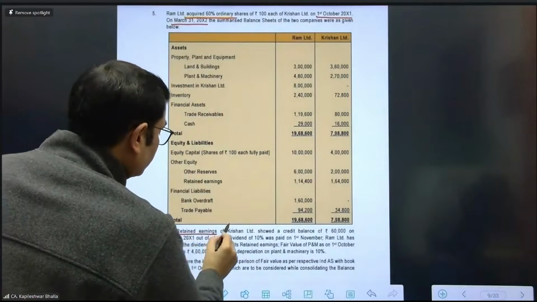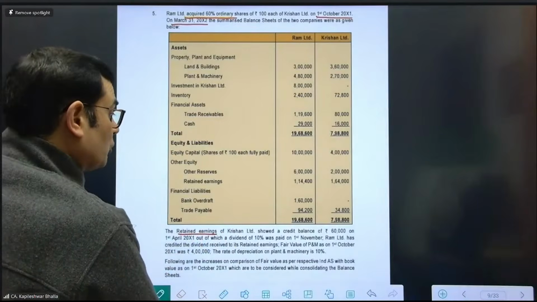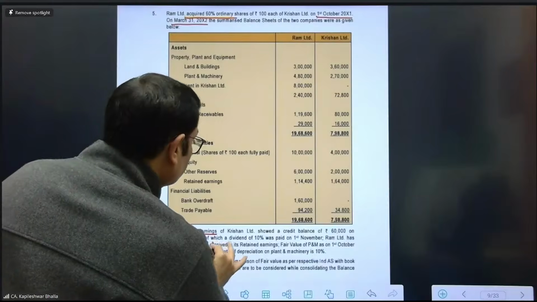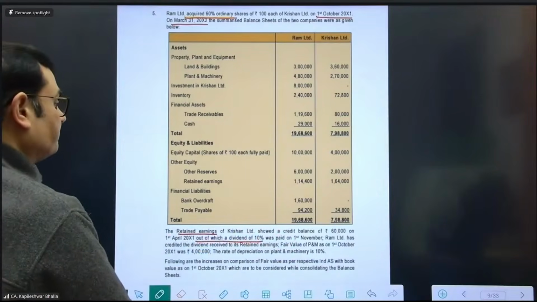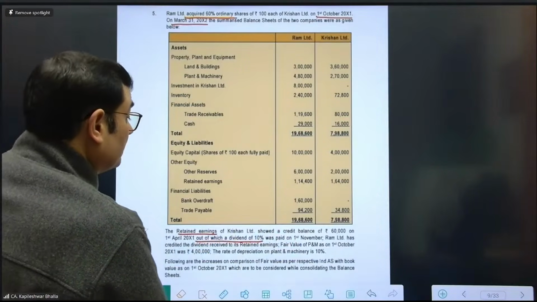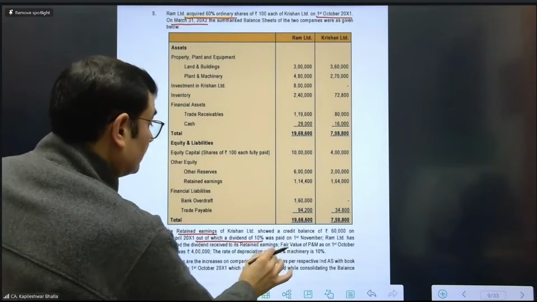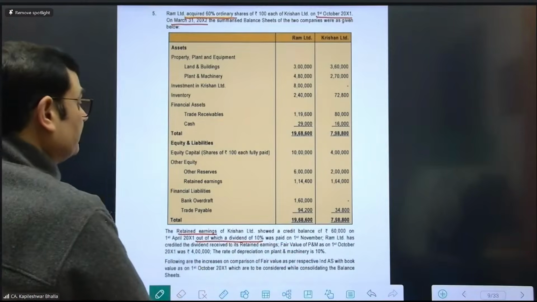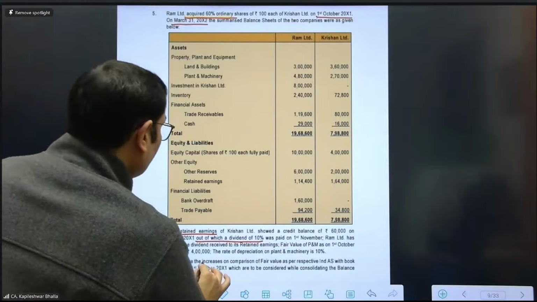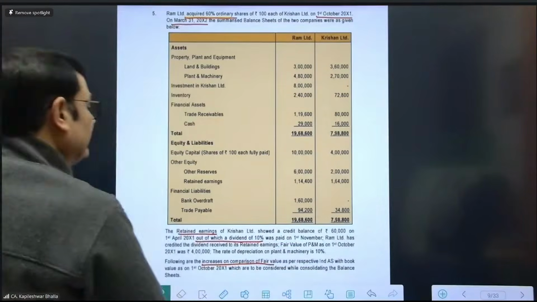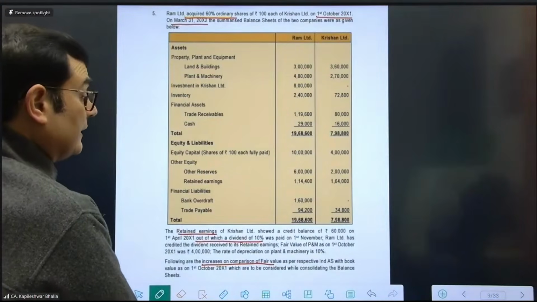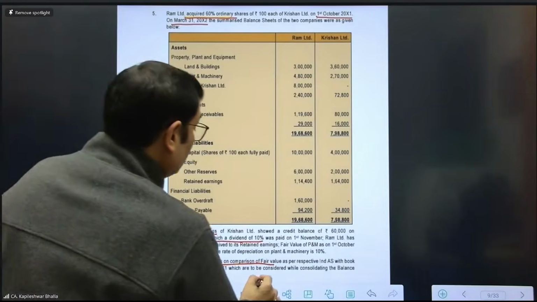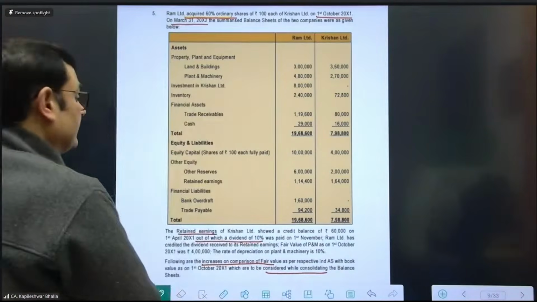The retained earnings of Krishnan showed a credit balance of 60 on 1st April X1, out of which a dividend of 10% is paid. Ram has credited the dividend to retained earnings. The fair value of the machinery on 1st October is given. The depreciation rate is given, and the following are the increases in comparison to the fair value as per Ind AS with the book value on 1st October, which are to be considered while consolidating the balance sheet.